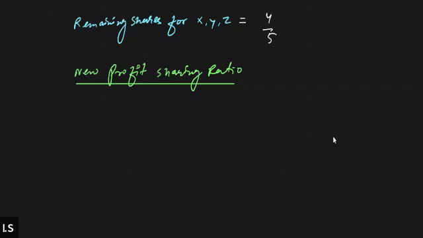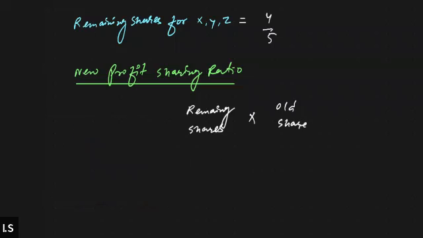To determine the new profit sharing ratio for X, Y, and Z, we will multiply the remaining share with the old share of the partner.